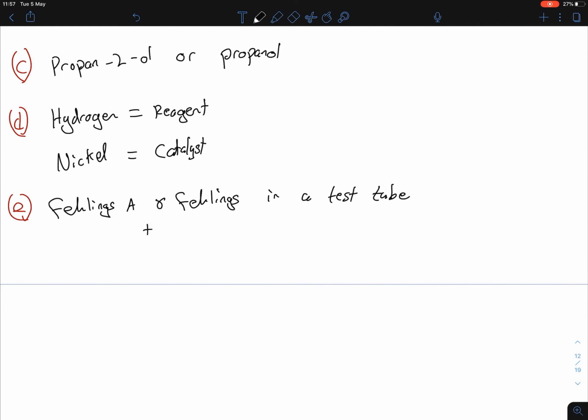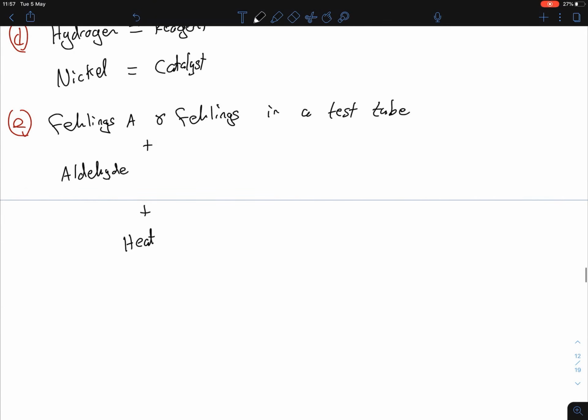Plus your aldehyde, plus heat. And if you do that, what should happen is you should get a blue to red color change.